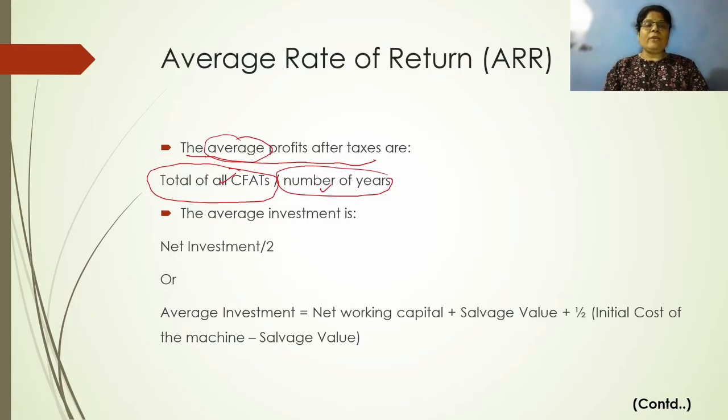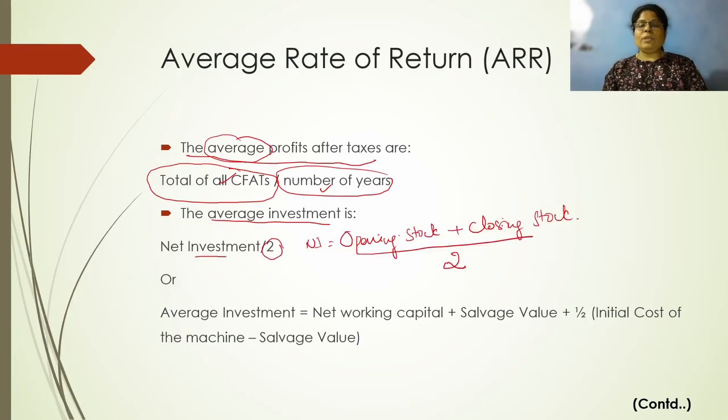So the same thing you are applying for this ARR for the numerator. When it comes to the denominator, average investment, that is net investment divided by 2. So this is one formula. There is also another way you calculate the average investment.